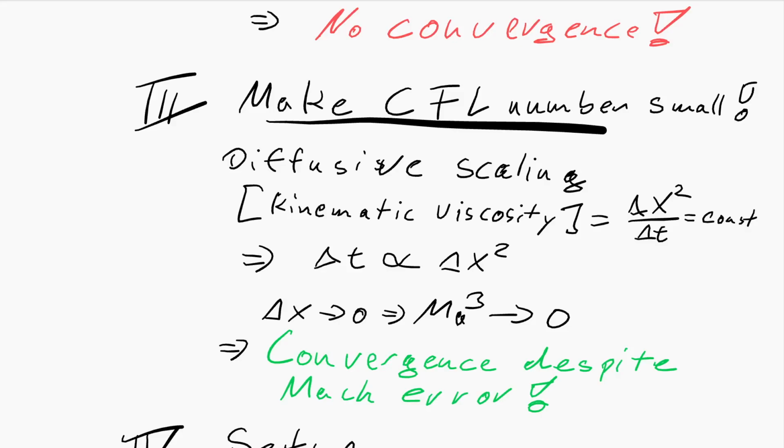This means if delta x goes to 0, the Mach number also goes to 0. So we have a non-constant Mach number, and we have no acoustics anymore in our simulation. But this means the Mach number cubed goes to 0, and so we get convergence despite the Mach error.